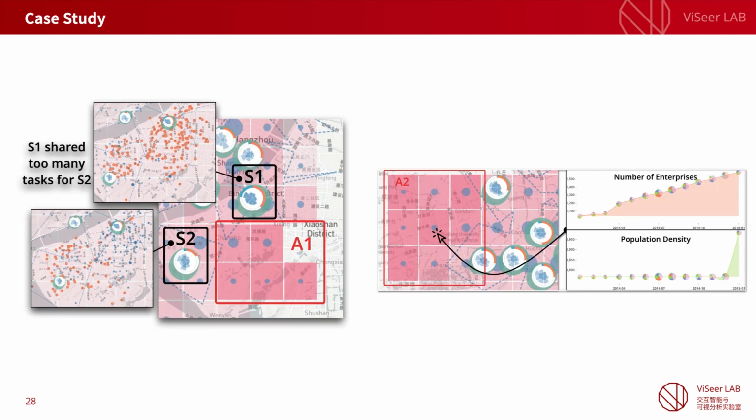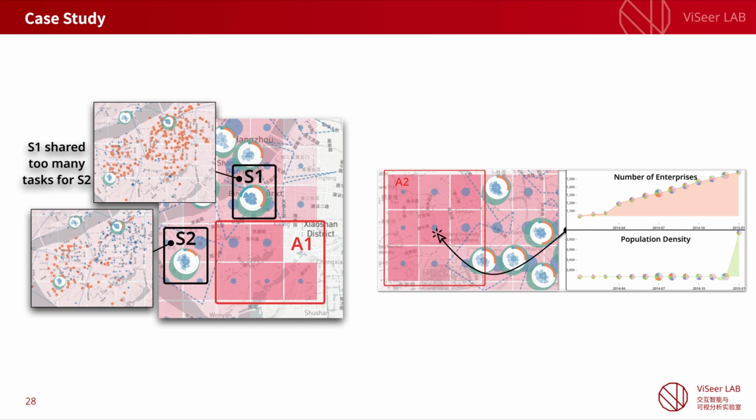The expert identified two areas, A1 and A2, on the map that had long response times to fires. After analyzing them individually, the expert concluded that the problem at A1 was the internal misallocation of resources, with Fire Station S1 taking on too many tasks for Fire Station S2, causing S1 to exceed its normal workload.